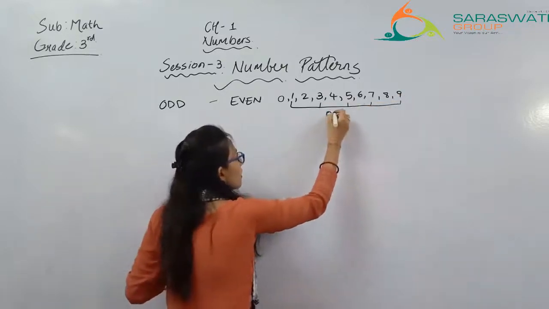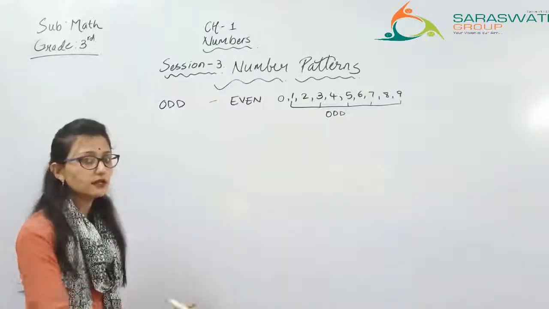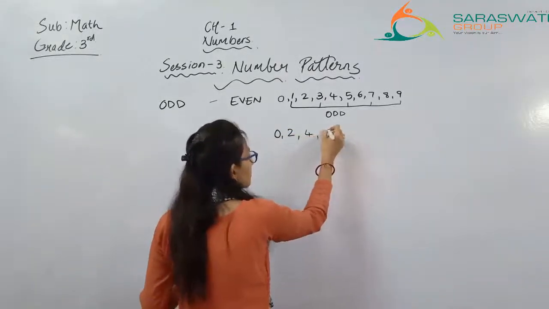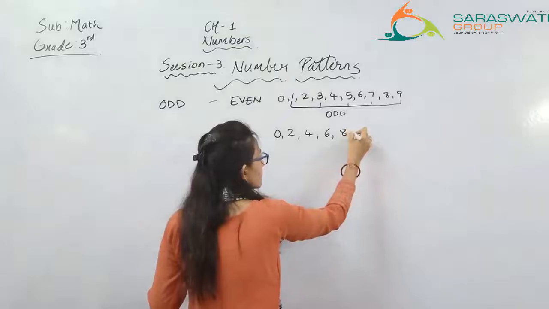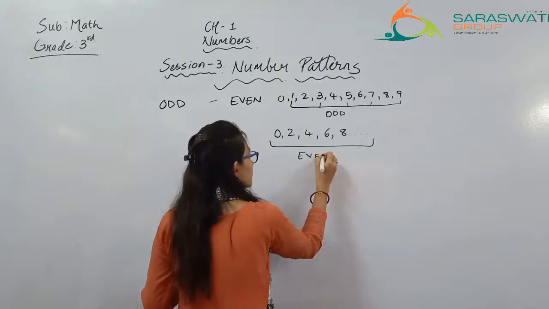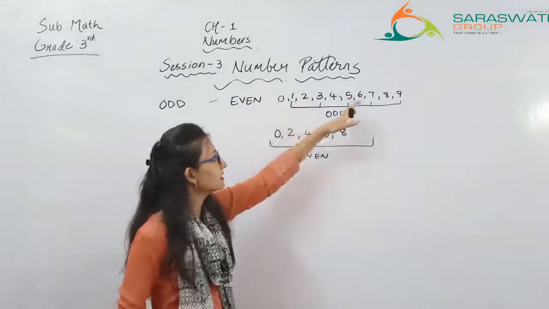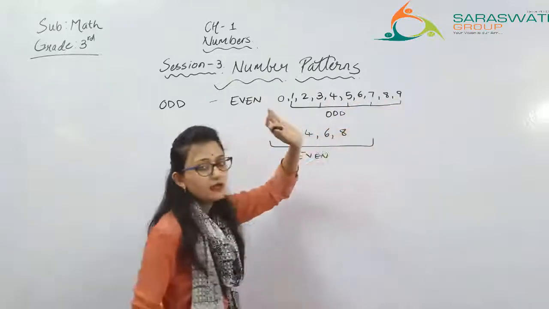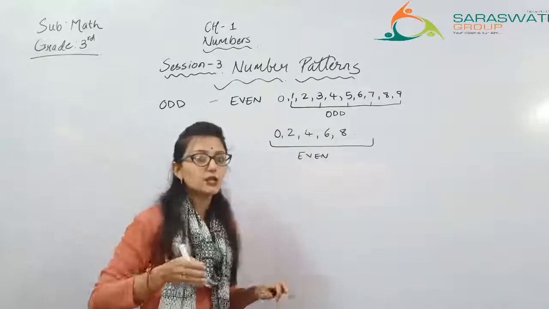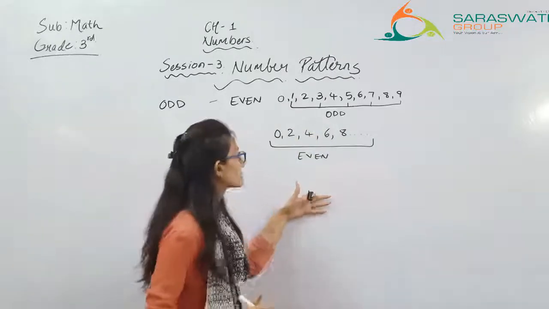And the numbers other than odd numbers, that means 0, 2, 4, 6, 8 and so on, are the even numbers. The numbers which are divisible by 2 and are not odd are known as even numbers.